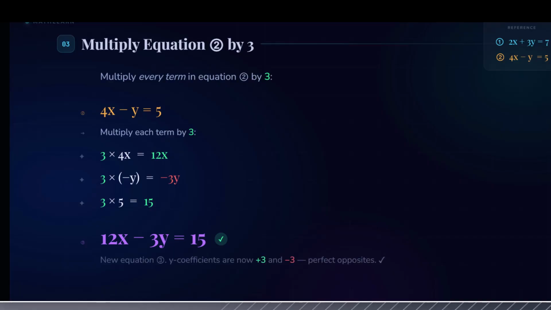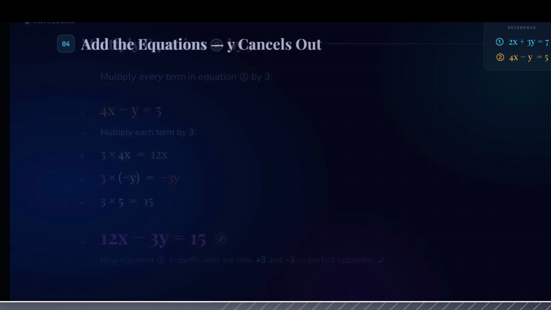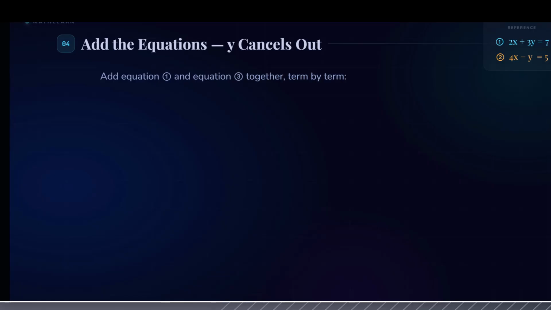Notice, y coefficients are now positive 3 in equation 1, and negative 3 in equation 3. Perfect opposites, ready to cancel. Now the key step, we add equation 1 and equation 3 together, term by term.